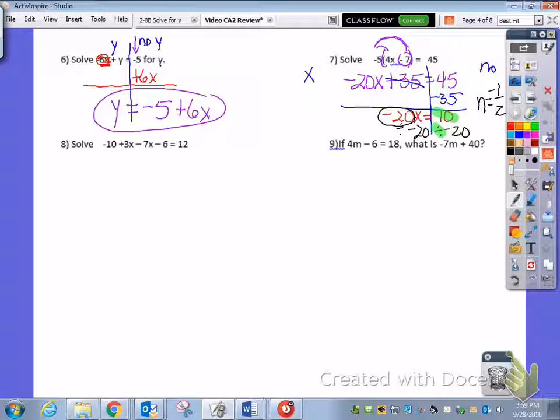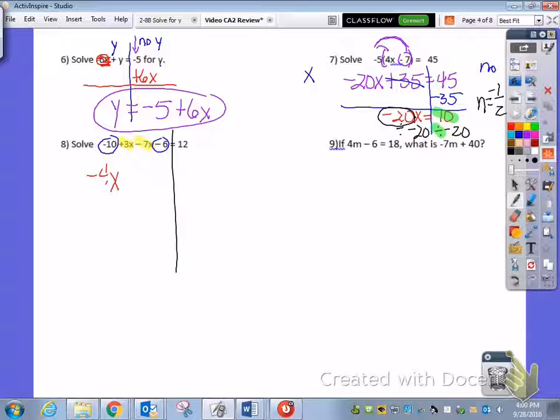Number 8, draw your line. There's no parentheses, but there's a whole bunch of things on the left. So look to see what can go together. The x's go together. So I have to put that in my calculator. I would say 3 minus 7, which is -4x. What else can go together? I can put together -10 and then -6.